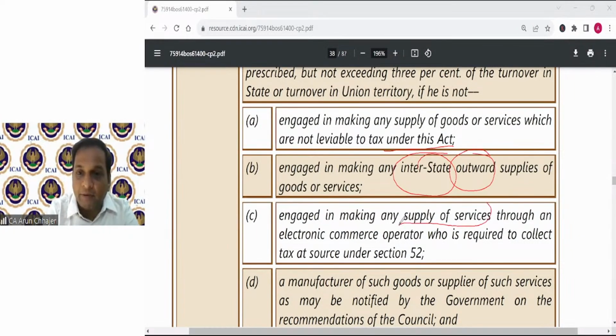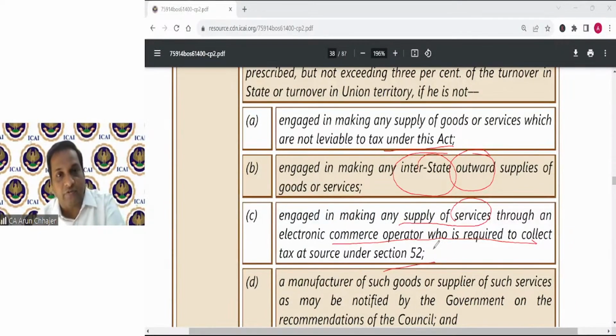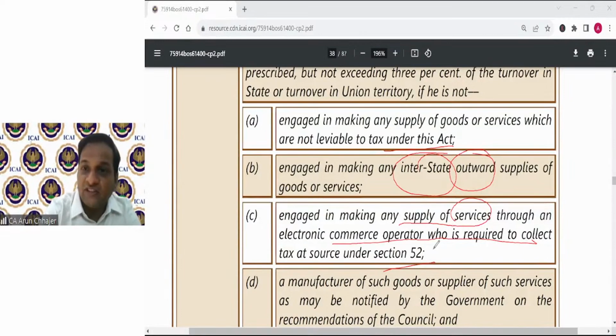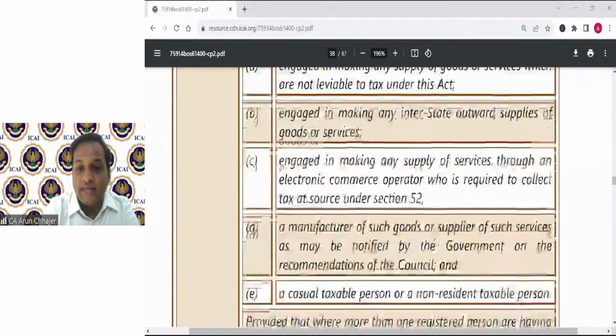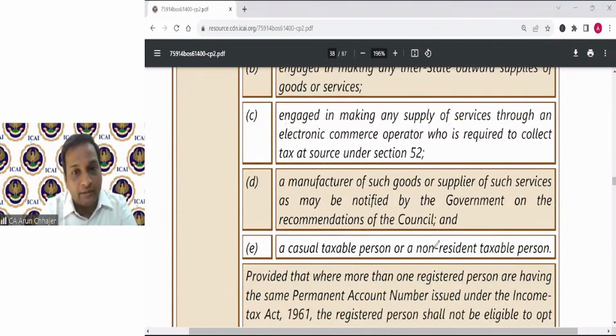You cannot engage in making supply of services through an ECO who is required to collect TCS under section 52. It means you cannot make supply through an e-commerce operator. Nor be a manufacturer of goods as may be notified by the government on the recommendation of the Council.